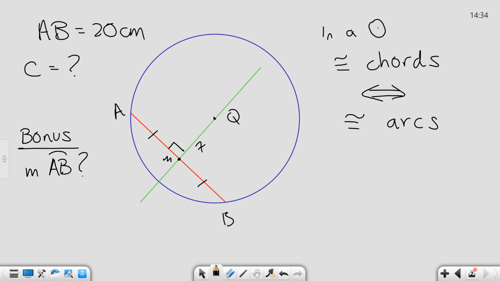From M to Q. Are you saying you know what number this is? Oh yeah, you're right.